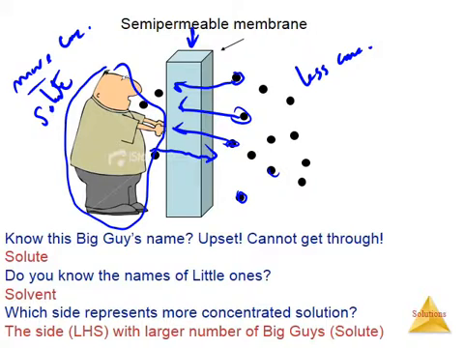Why is the right hand side less concentrated? Because there is no solute, and on the left hand side, to make it simpler, we have one solute molecule, that's the big guy. So the solvent particles always go from the less concentrated side towards the more concentrated side. Keep this in mind.